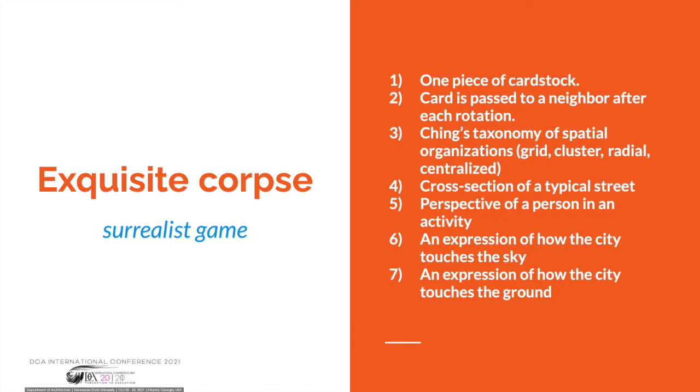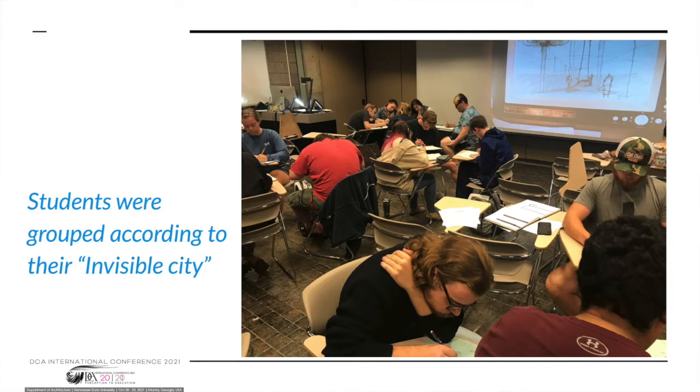And so one of the surrealist games that we picked up on rather early was the exquisite corpse, the idea that we could put students together in groups and start to, with very basic media, begin to create some layered drawings with a piece of cardstock.